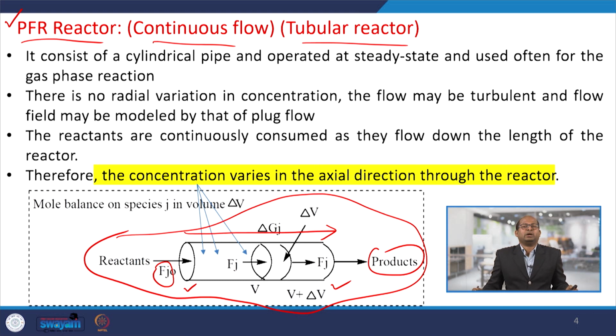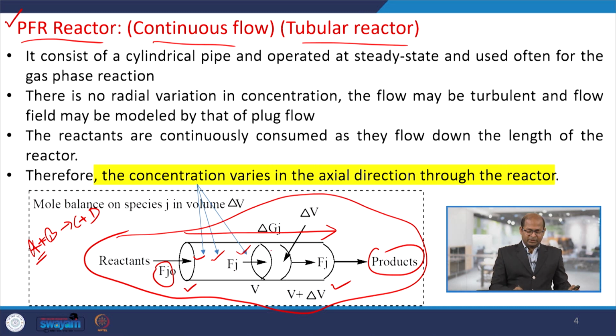So, you can see the concentration of the reactants. Let us say this is our reactant. The concentration of the reactant along the length will vary along the axial direction throughout the reactor. At every point we consider, the concentration will be different. If the concentration is different at individual points, then the rate of reaction would be different along the axial direction.